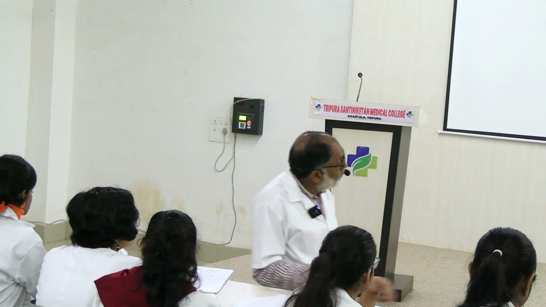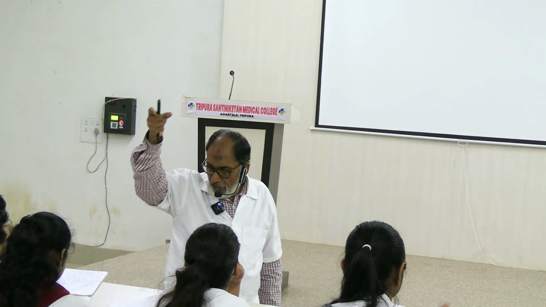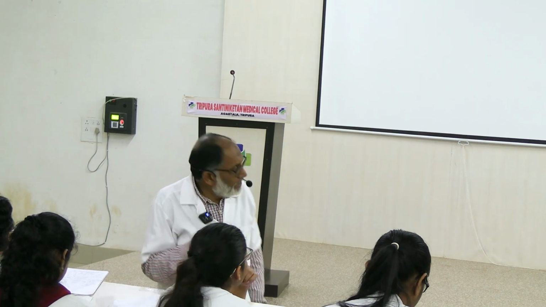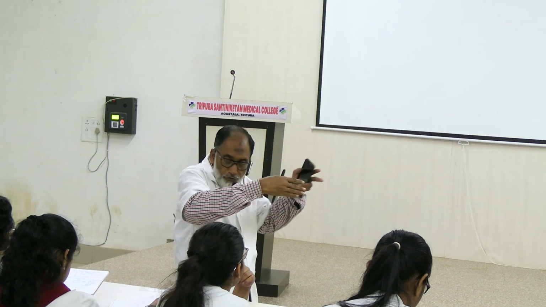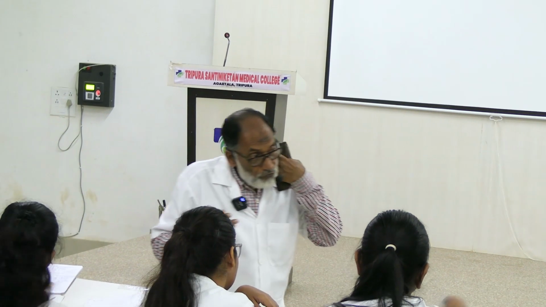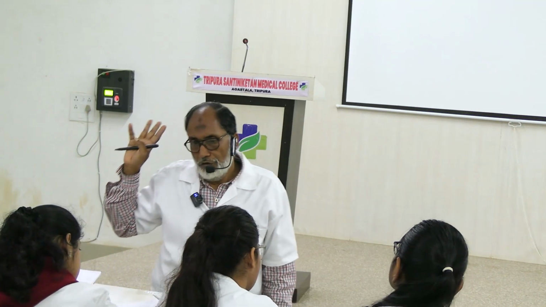Sinus venosus, you know, the heart tube has got two ends, arterial end and venous end. Venous end is sinus venosus, and here you see two bifurcated parts, that is called horn of the sinus venosus. Now, into each horn of the sinus venosus, three important structures open.